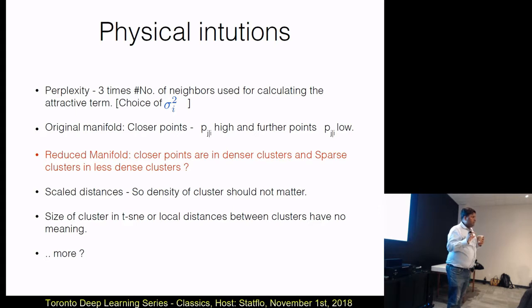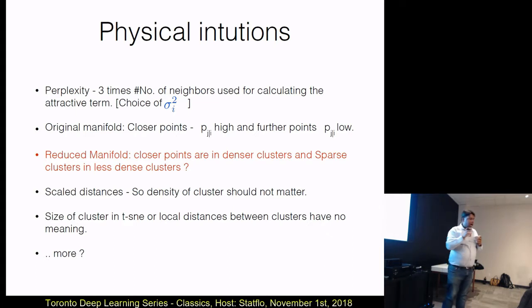For the attractive one, they made the algorithm faster by saying we will not look at all the points, only at a neighborhood of that black point. That neighborhood is defined by the perplexity number: 3 times the perplexity is the number of points you look at. This perplexity is related to sigma i squared by that log entropic kind of function I had before.